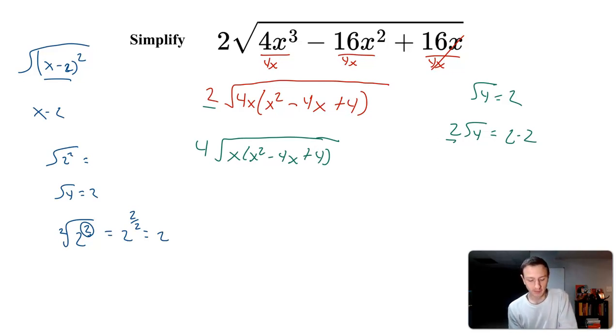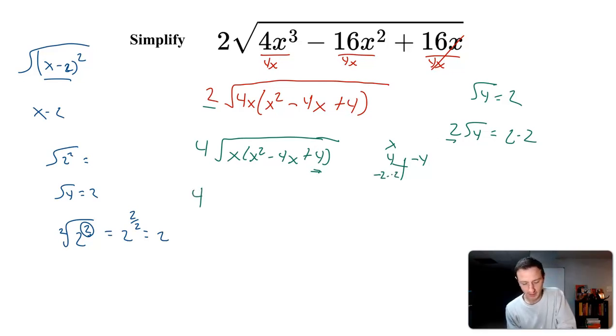On the inside of the radical, the x can't do anything because it's not x squared or x to the third. It's just x to the first, so that x is going to stay in there. It's kind of locked. But for x squared minus 4x plus 4, I need two numbers that multiply to 4 and add up to negative 4. That's negative 2 times negative 2.